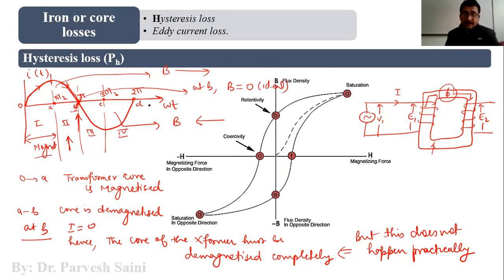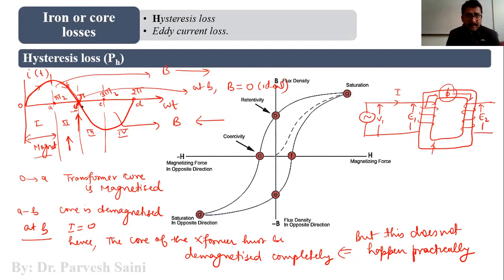Now, this does not happen practically. Now, when this does not happen, that means even if the direction of current reverses, the flux remains in the same direction for a certain duration of the negative half cycle of the transformer input supply.